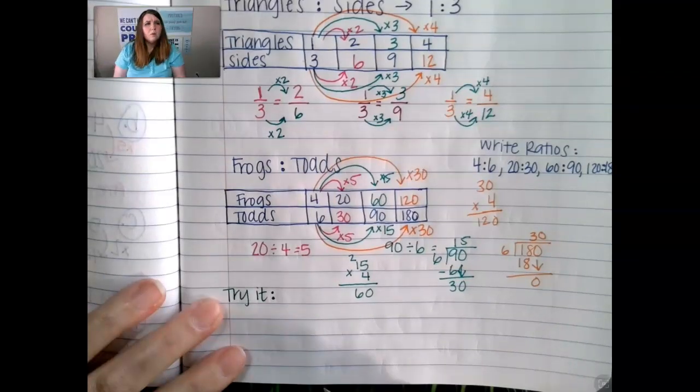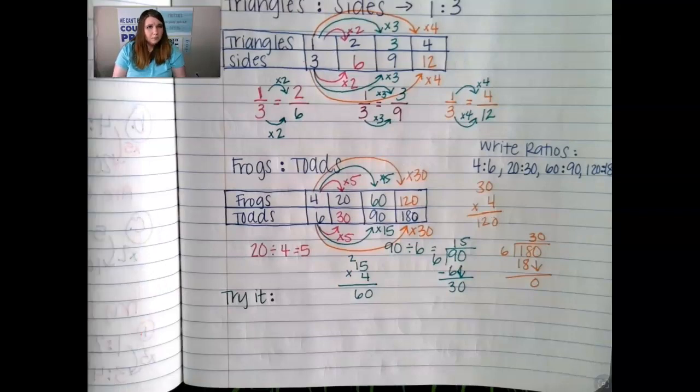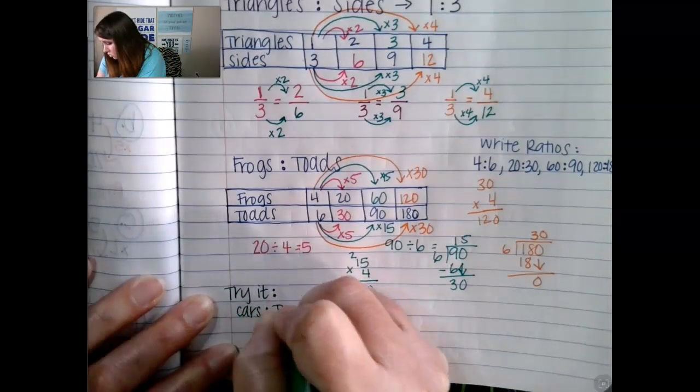Oh, no, I don't want to do that one because we're going to do that one next week. Let's get you a different one. How about cars to trucks? Okay, so we're going to compare cars to trucks.